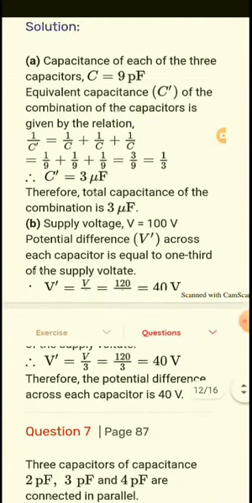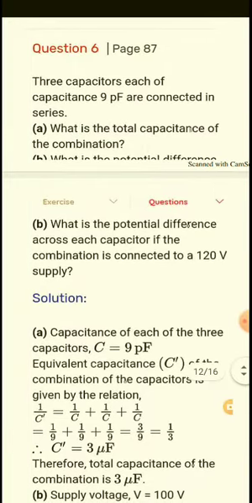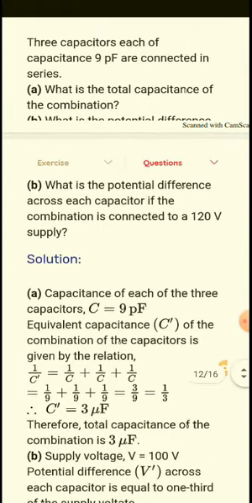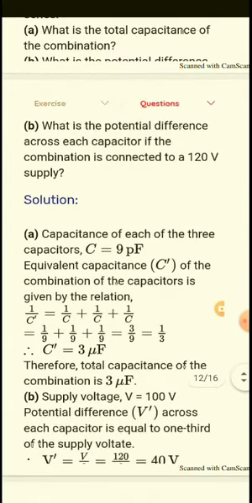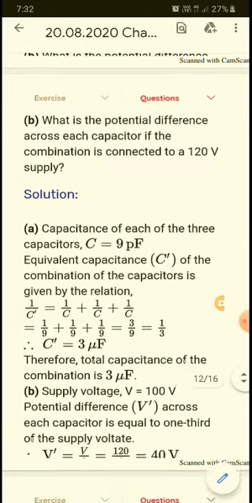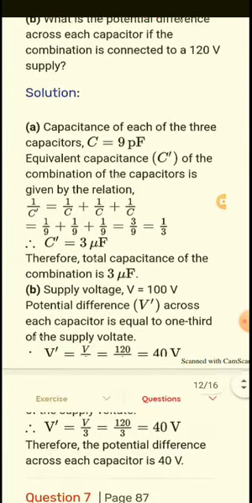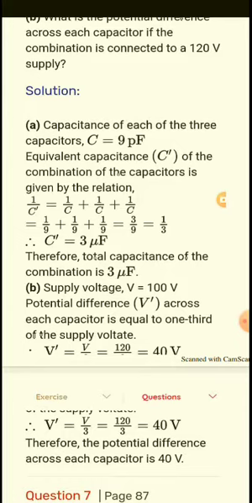What is the second question asked? What is the potential difference across each capacitor if the combination is connected to a 120 volt supply? Here the supply voltage will be 120 volt, not 100 volt.